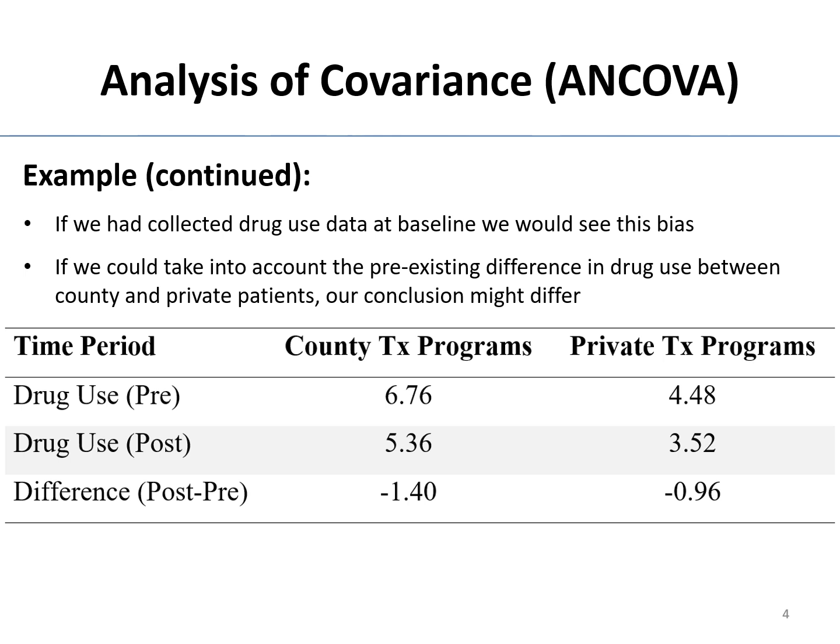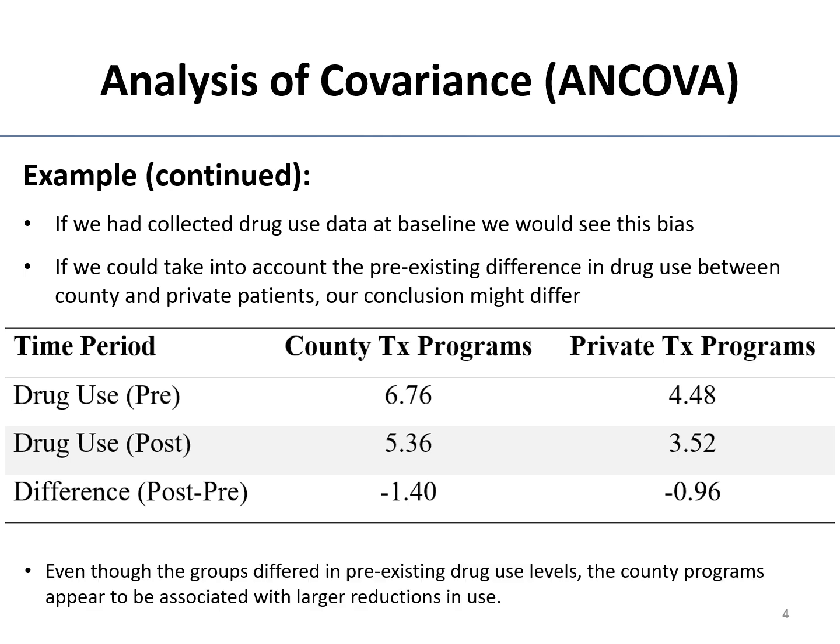Versus at the private programs, it went from 4.48 at baseline to 3.52, which is just about a 1 point drop in drug use. Even though the groups differed in their pre-existing drug use levels, it does look like the county program is somewhat more effective. It resulted in a larger reduction in drug use than the private programs.